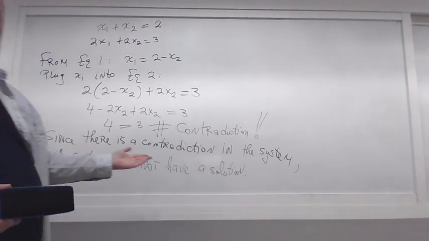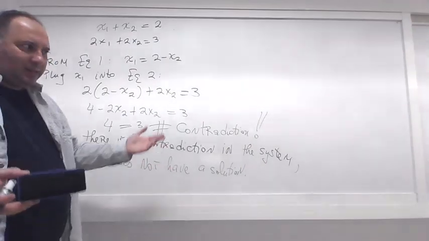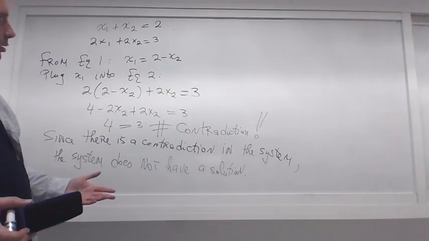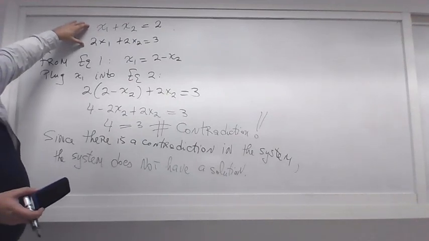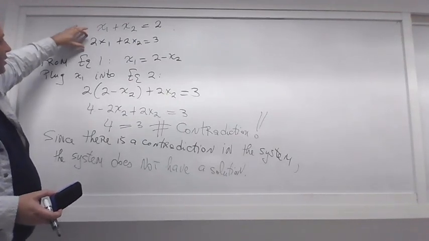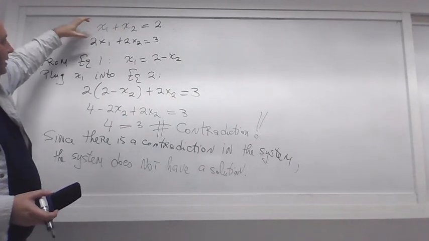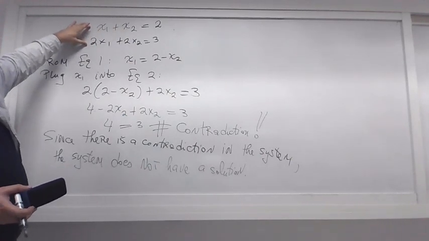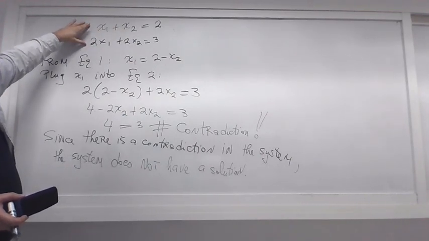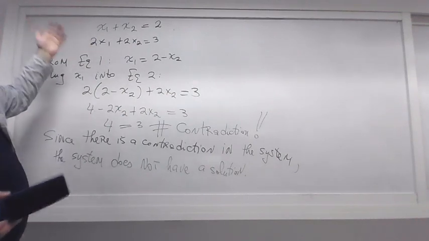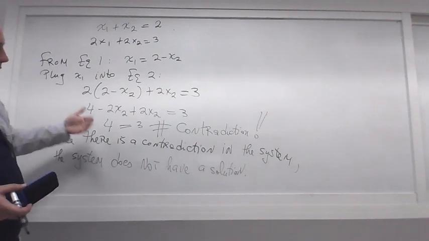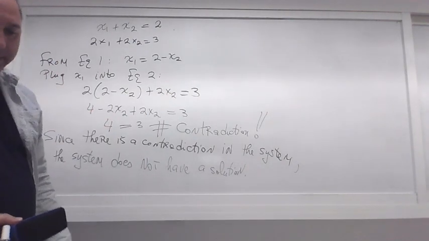There's no way I can solve that problem. So that problem doesn't have a solution, doesn't make any sense. Well, that's what's happening with the system here, something similar. These equations put constraints on variables, and the constraints are just incompatible with each other. They are in contradiction. They are such that nobody in the universe can satisfy them. So that's why the system doesn't have a solution.